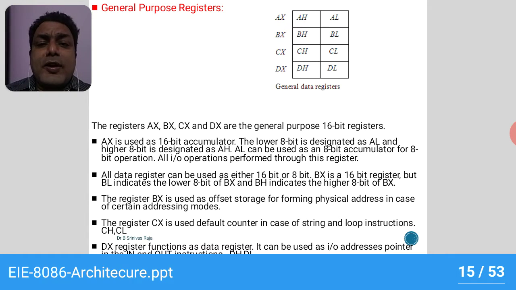CX is used for counters in case of string and loop instructions, whereas DX register is used as data register. So this is how the registers are used for different conditions.